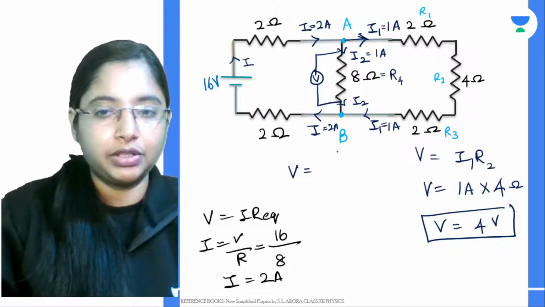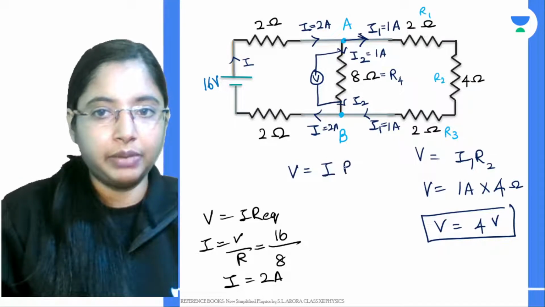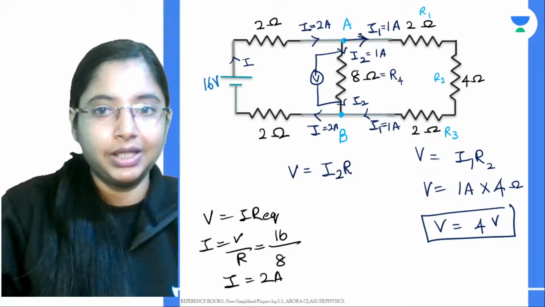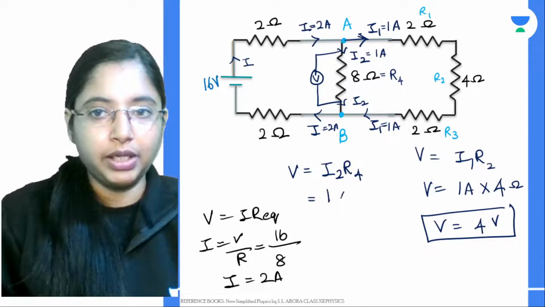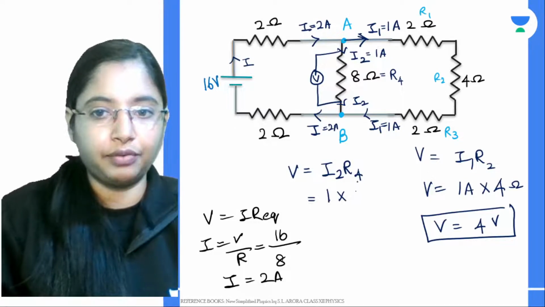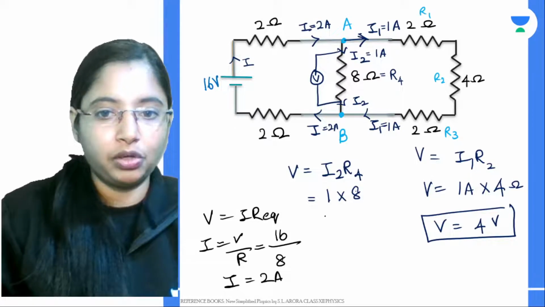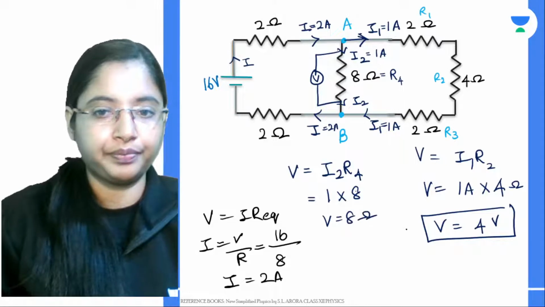V is equal to I into R, but the current flowing through it is I2, which is 1 amp, into the resistor value R4, which is 8 ohms. So in this voltmeter you will see 8 volts.